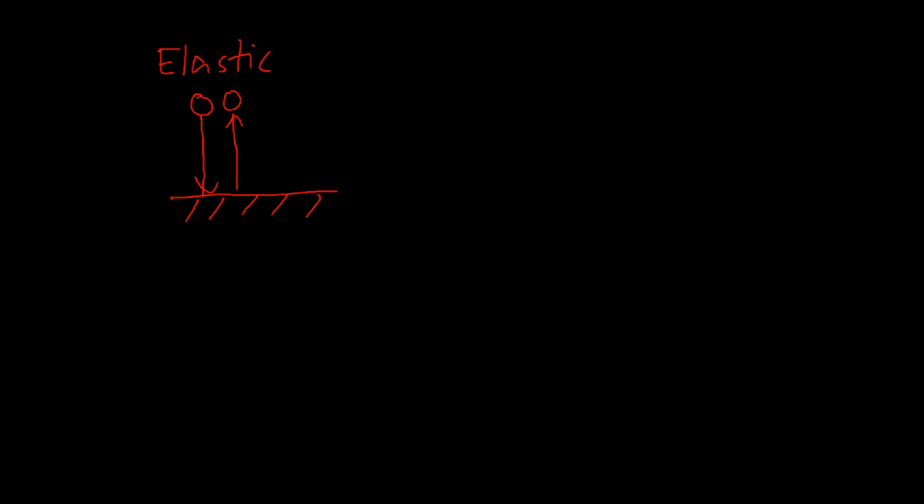So the formula for that will be m1v1 plus m2v2 equals m1v prime 1 plus m2v prime 2. So the left side will be the initial velocities, and the right side will be the final velocities.